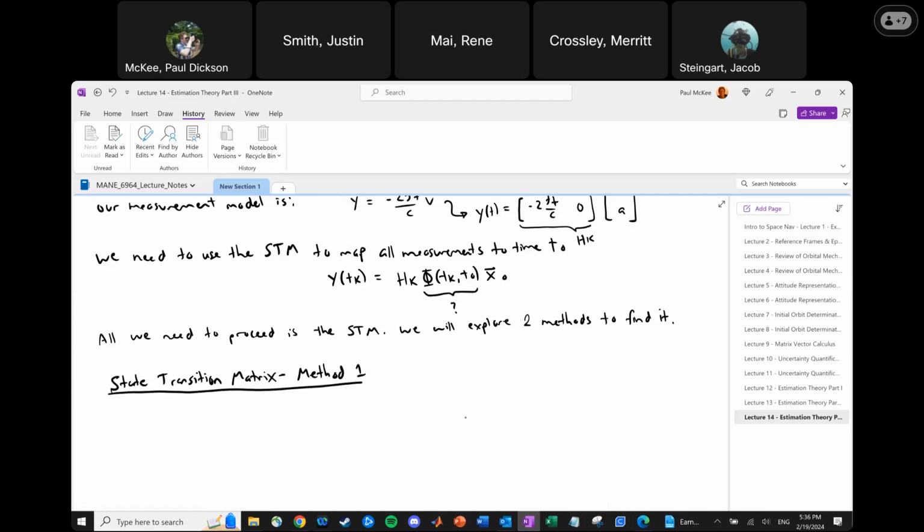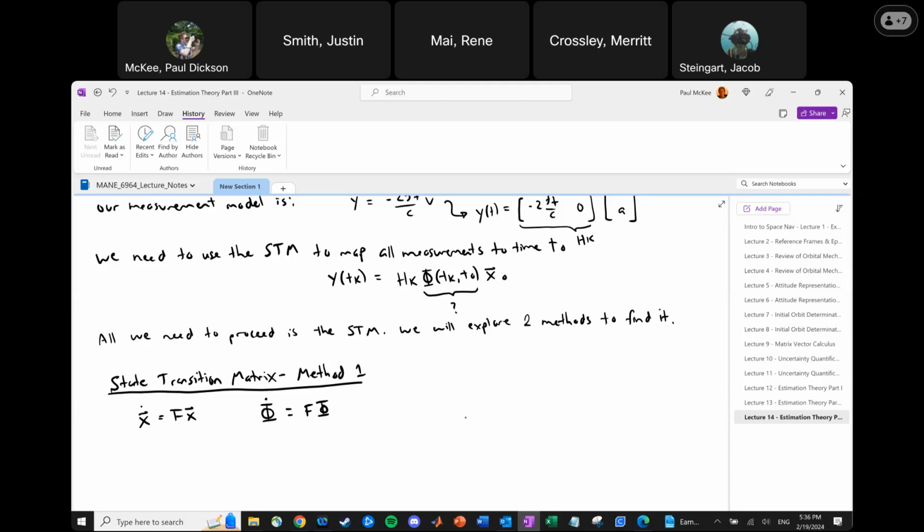Okay. So we know that the state transition matrix has some properties that are useful to us. The first is that the derivative of the state transition matrix is equal to F phi, where that's the same F as x dot is equal to Fx, right? It's the same F. So the F that maps between the state and the derivative of the state is the same matrix that maps between the state transition matrix and the derivative of the state transition matrix.